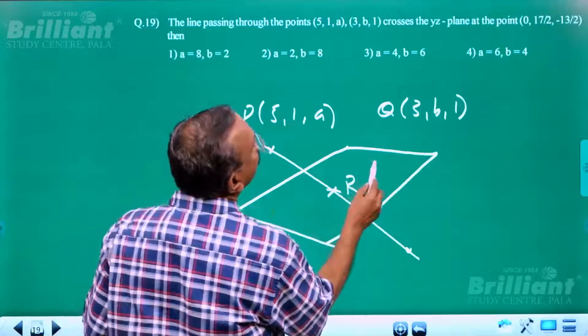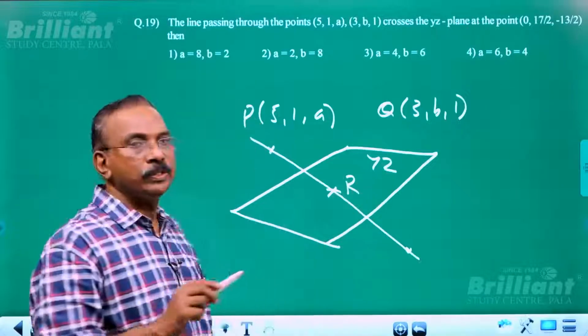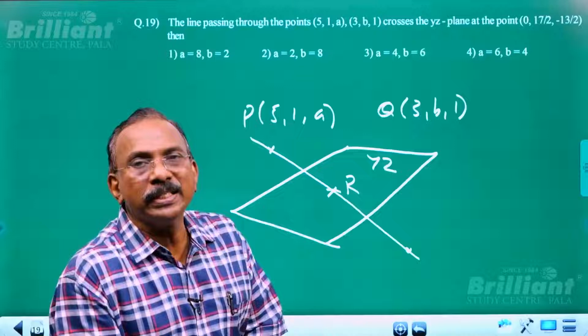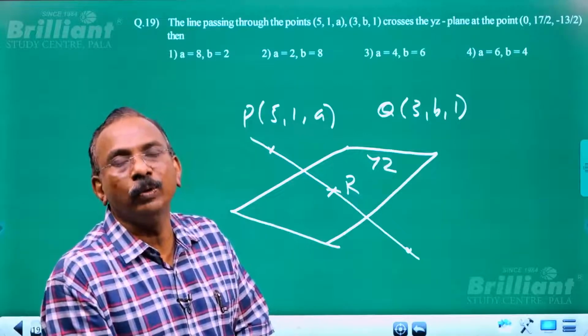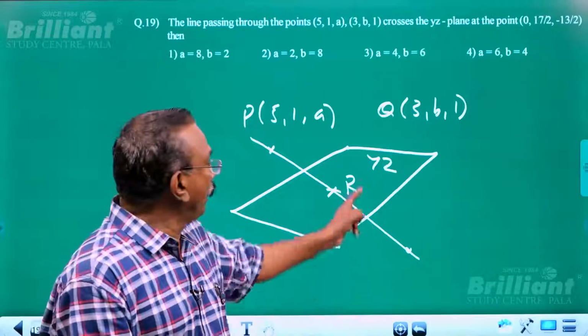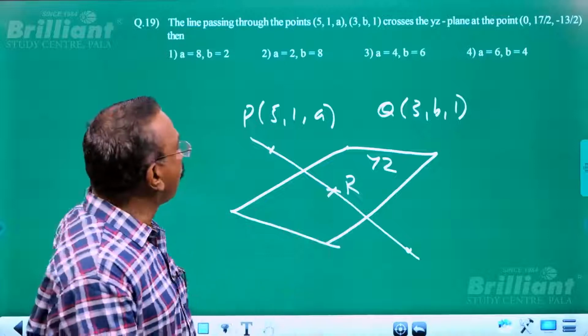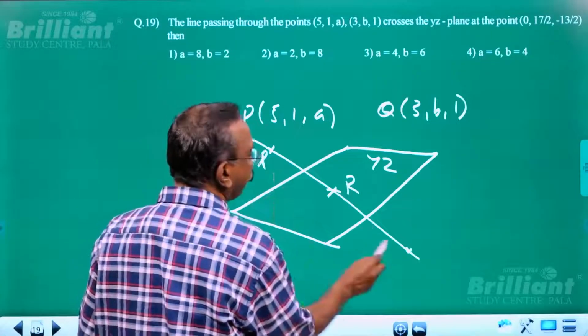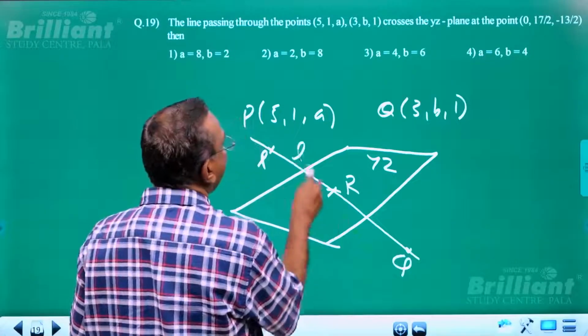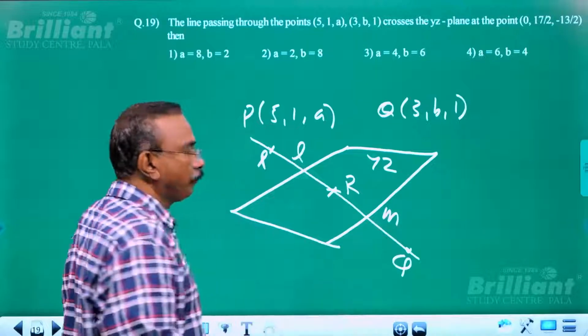This is our YZ plane. So the point in the YZ plane definitely has x coordinate 0. So the x coordinate of R should be 0. And at the same time, here it is P and that should be Q. Then there are L and M, these are the ratio.